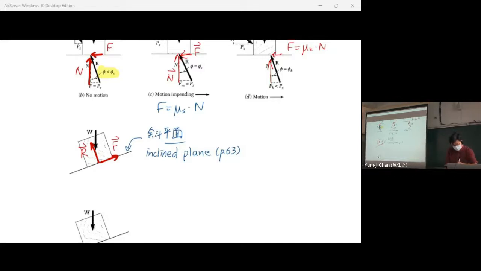And the slope of the incline is theta. If theta is very small, there is no motion.